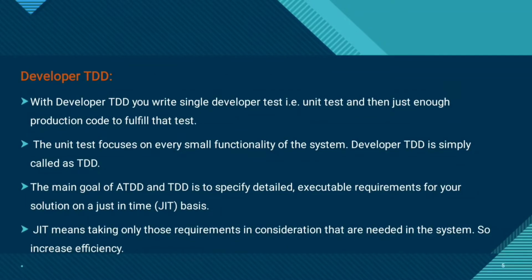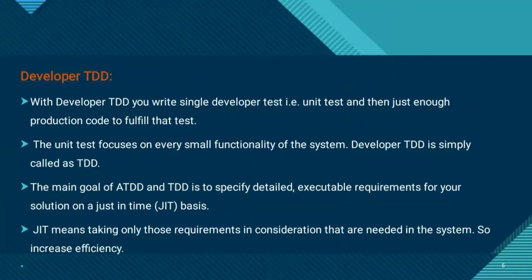Developer TDD. With developer TDD, you write a single developer test, a unit test, and then just enough production code to fulfill the test. That unit test focuses on every small functionality of the system. Developer TDD is simply called TDD.